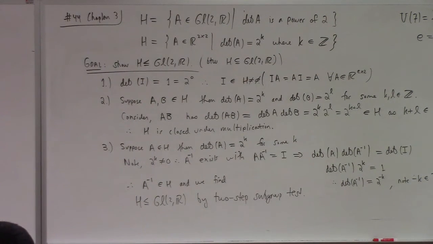For example, the Pythagorean identity is an identity because it's true for all theta, which has nothing to do with being the identity element.